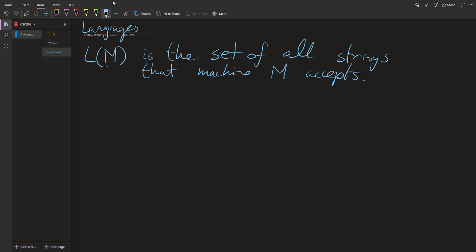Okay, and another idea here is that if for some language L prime, if we have some kind of L prime and there exists some DFA M such that L prime equals L_M, then we have the case that L prime is regular. It's a regular language.